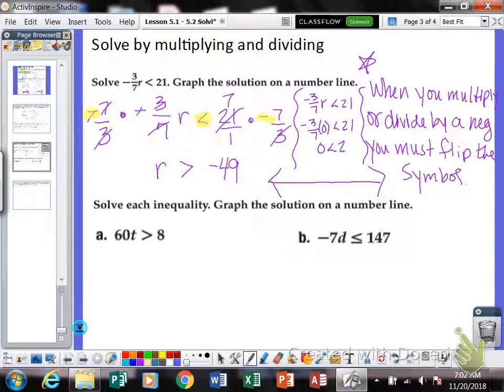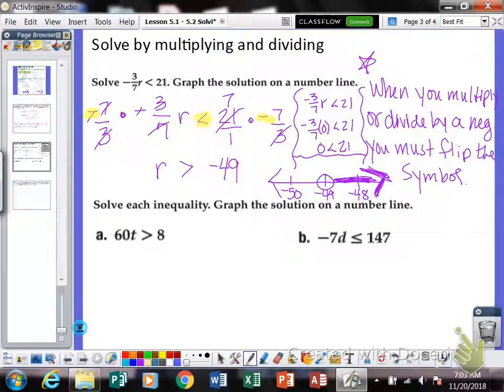And 0 is less than 21. So that works out. You really, really need to check your inequalities, ladies and gentlemen. Don't just solve them and forget about them. If you had forgotten to flip the symbol, you would have had a less than, and your number would not have checked out. So please check your answers. Then negative 49 in the middle. Be careful, because these are negatives, and we are going in the opposite direction. So we have negative 50 to the left, negative 48 to the right. I have an open circle at negative 49, and then I shade my graph to the right.